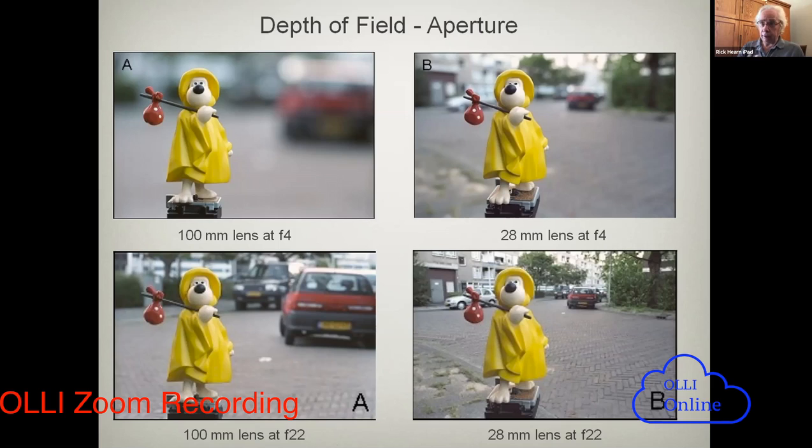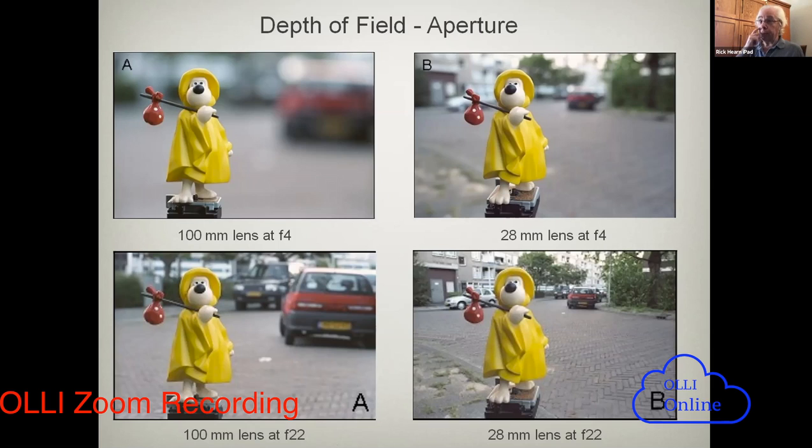And looking at the left-hand column, we see exactly that effect. The hobo is in equally sharp focus in both pictures in the left column. Everybody agree with that? Yep. But the red car that is further away on the right-hand side is only moderately out of focus in the bottom left picture.